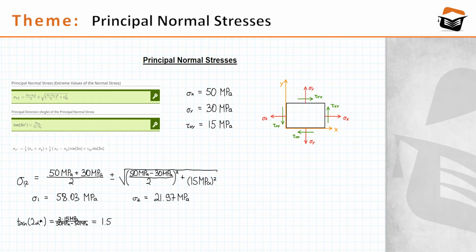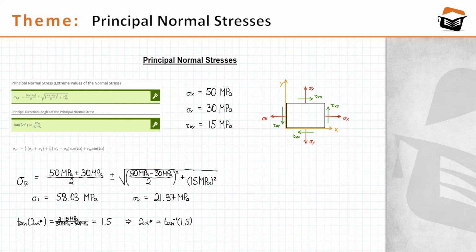1.5, that's the tangent of double the angle. So to calculate the angle alpha star, you need to take the inverse tangent of 1.5. Tangent to the minus first power, or just the inverse tangent of 1.5.